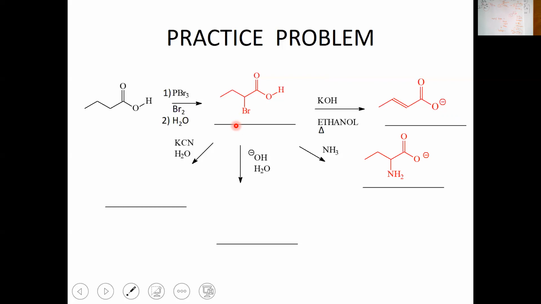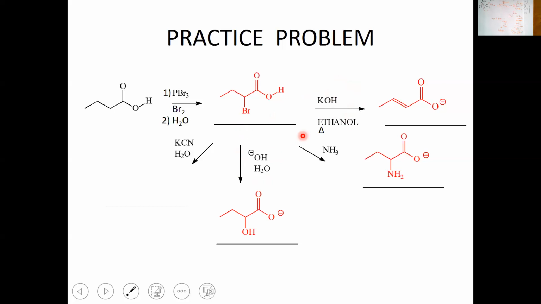Substitution product there. That's actually an amino acid product. Check it out. This bottom one, how is this bottom one different from this one over here? It's not heated, so it's trying to indicate that you want to do substitution going south instead of elimination. There's an alpha hydroxy acid.